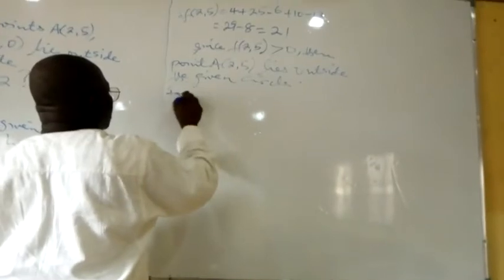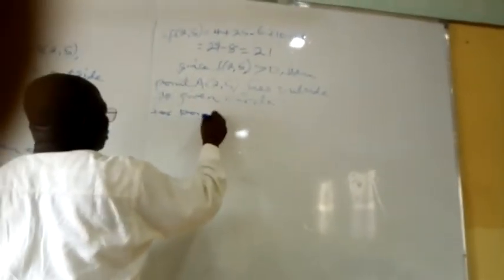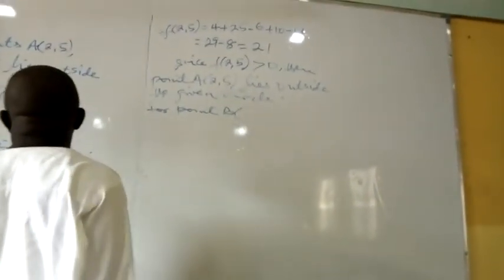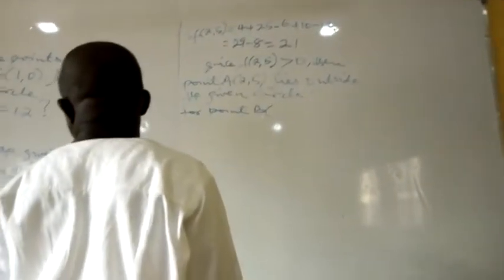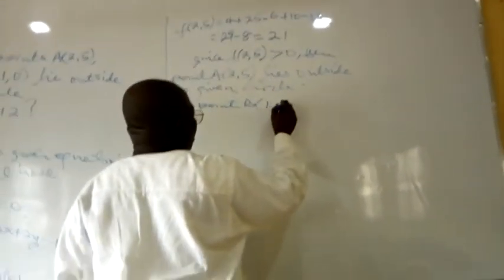Then for point B, the coordinates are (1, -3).